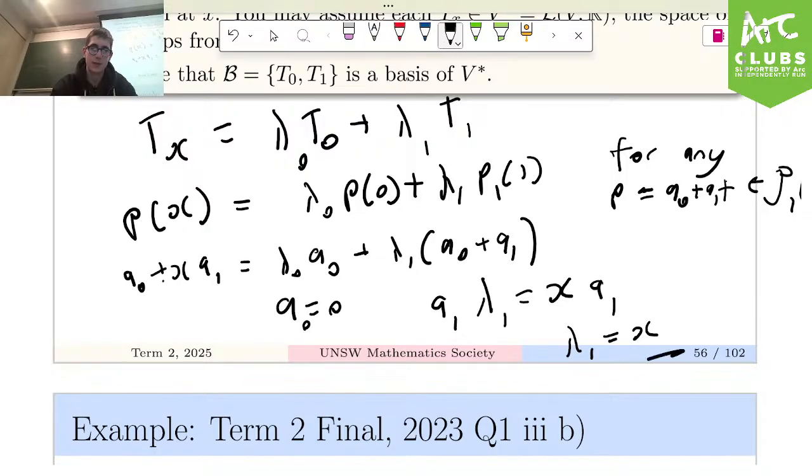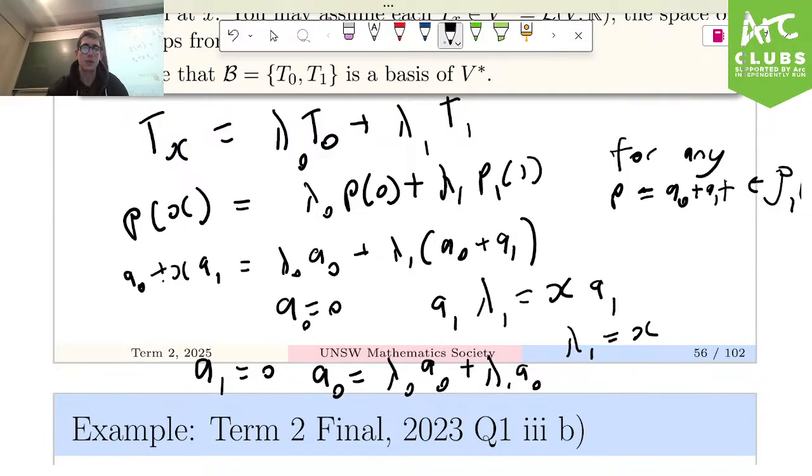If lambda 1 is equal to X, we could also set A1 is equal to 0, which gives us A0 is equal to lambda naught A0 plus lambda 1 A0, which means that 1 is equal to lambda naught plus lambda 1.